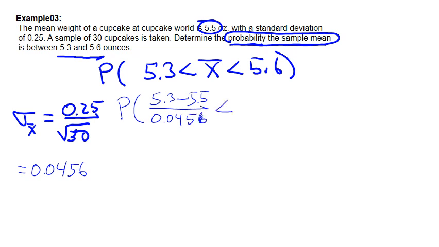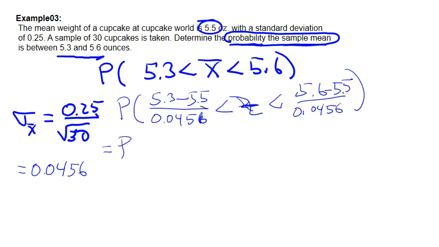This is now a z-score. Okay. 5.6 minus 5.5 divided by 0.0456. When you do this work, you're going to have the probability between a negative 4.38 and 2.19.